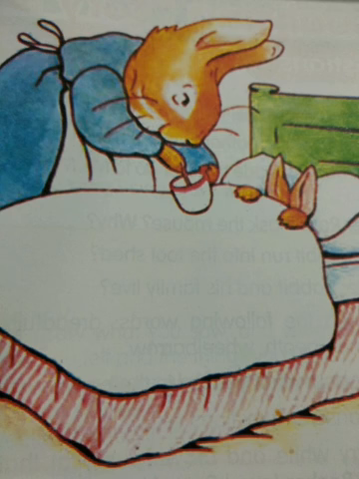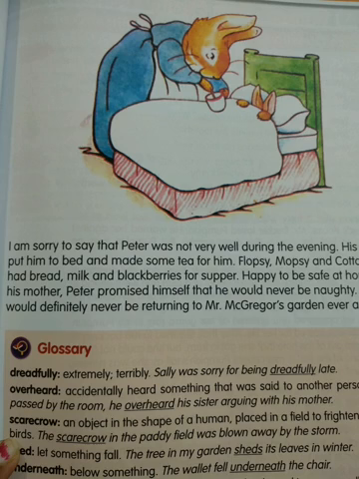I am sorry to say that Peter was not very well during the evening. His mother put him to bed and made some tea for him. Flopsy, Mopsy, and Cottontail had bread, milk, and blackberries for supper.